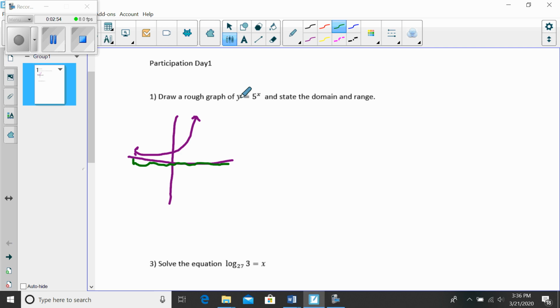If they know this is the graph and they understand how to connect the graphical representation with what can be input, then they might be able to see that the domain is all real numbers.